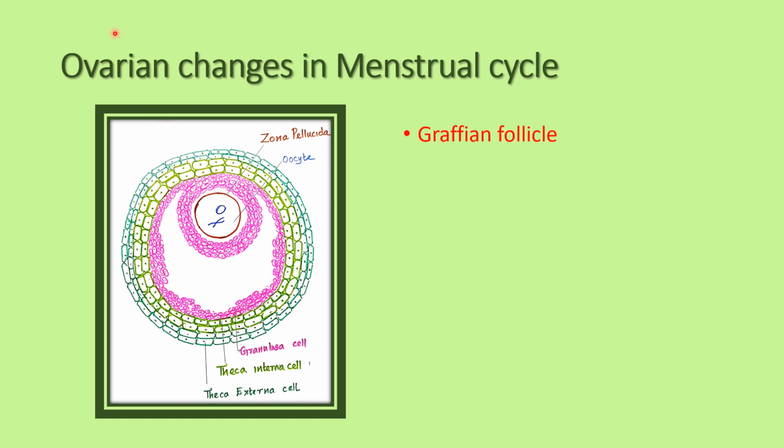The Graafian follicle is the mature ovarian follicle. The follicular size increases up to 10 millimeters. The follicular cavity is larger. The ovum reaches full size. The zona pellucida is very thick.